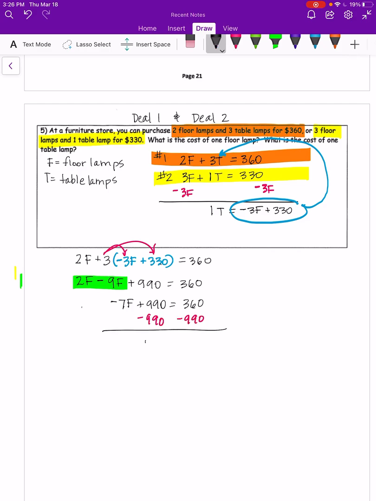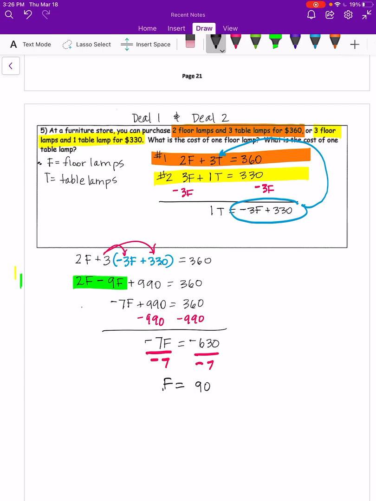So you would have negative 7F equals 360 minus 990. Again, you can use your calculator, negative 630. Divide by negative 7. Divide by negative 7. So F is equal to negative 630 divided by negative 7, which would be 90. So that means F, which is floor lamps, are $90.